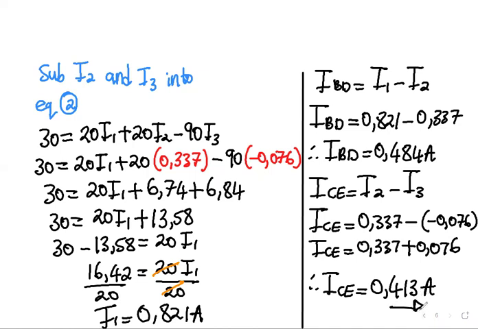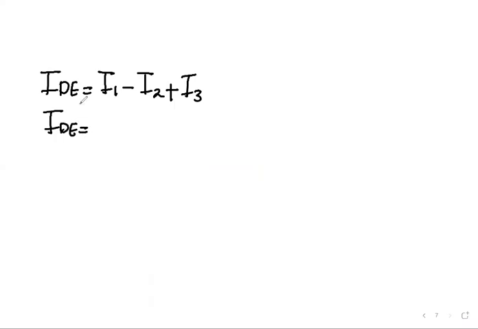And then after that, we now calculate the last current, which is the current through DE. So you can just say the current through DE is equal to, remember it's represented by I1 minus I2 plus I3. So now you substitute, right?